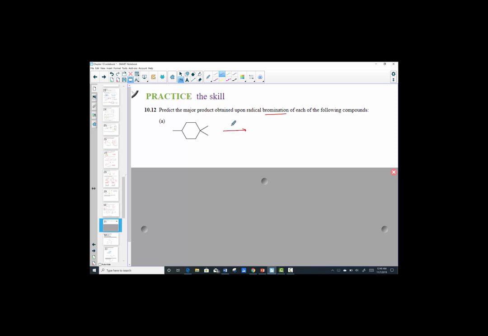So just thinking that through, you'll have a Br2 and probably some hν on the arrow, and you're asked to predict. Now, where do you find the most stable configuration? Remember, this is quaternary. There are 4 bonds there already, so there's no hydrogen. That's not an option. But if I look over here, I can see a tertiary carbon radical, and I can then predict the position where it would add.